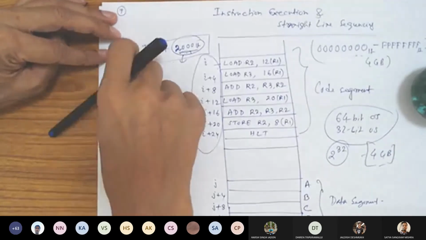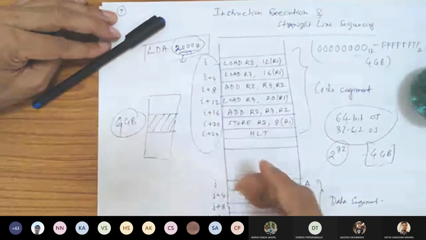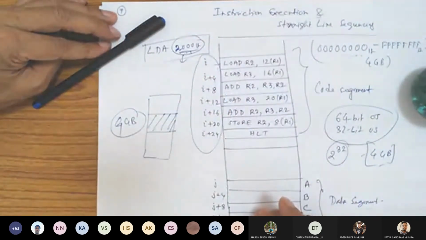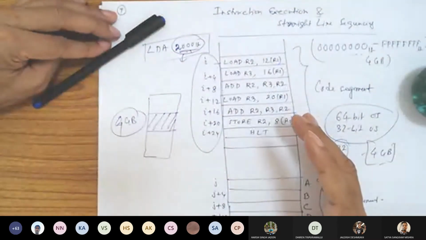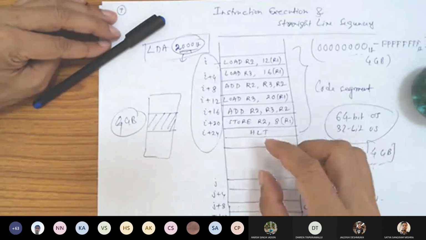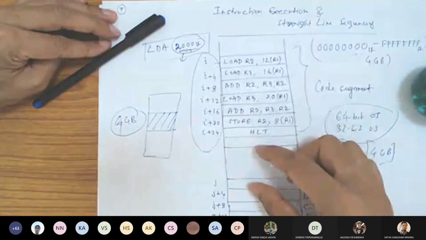The physical address depends on, at the time the code is getting executed, what is the availability of the memory. See, memory is a big chunk of locations. It may not be possible that tomorrow your code is loaded from here and today it is loaded from here. It is possible.